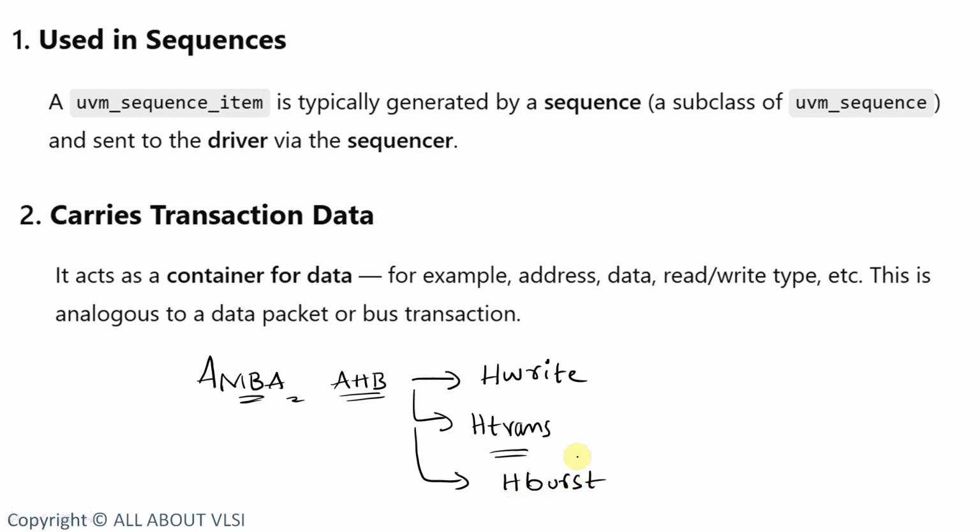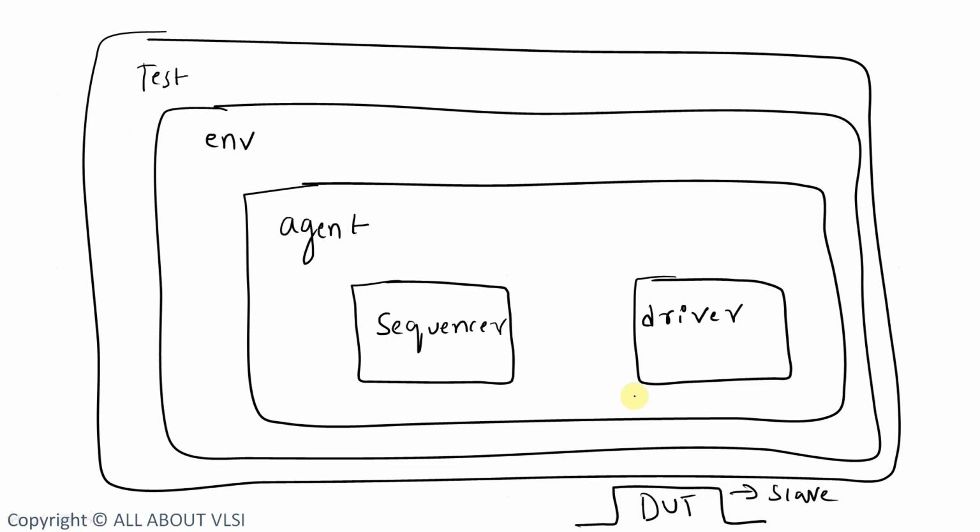Let's assume these signals are expected by our design to be driven by the test bench. Now who is going to drive these signals, H write, H trans, and H burst? This driver is going to drive these signals to the DUT. The driver is going to drive the signals to the DUT via the interface. So using the interface, the driver is going to drive the signals to our DUT.